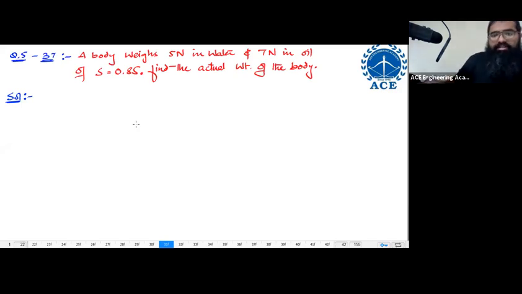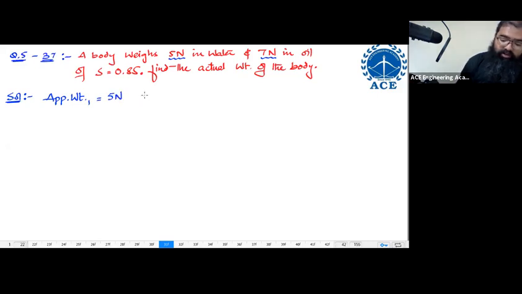Now ask yourself, a body is weighing 5 newtons in water, 7 newtons in oil. Are these the actual weight of the body? Because actual weight should not change, is it not? That means these two are the apparent weights. Apparent weight 1 for the body is 5 newtons.